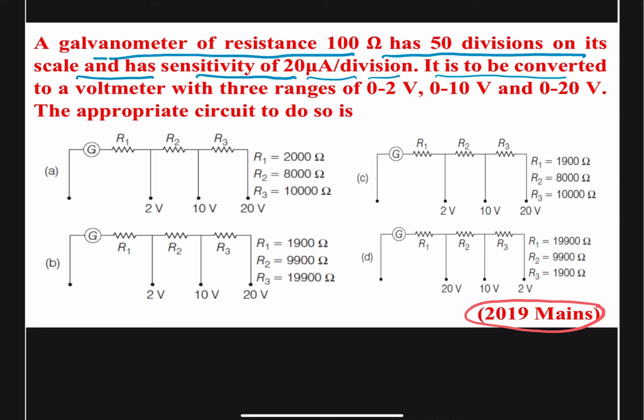It is to be converted to a voltmeter for 3 ranges: 0 to 2 volt, 0 to 10 volt and 0 to 20 volt. The appropriate circuit to do so is. So in this case, basically we have to find out what will be the range of this value R1 and R2, as given in the figure.